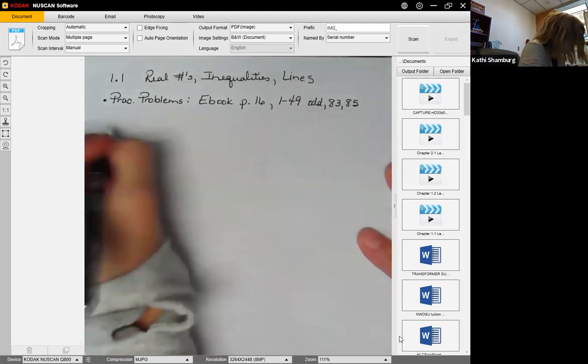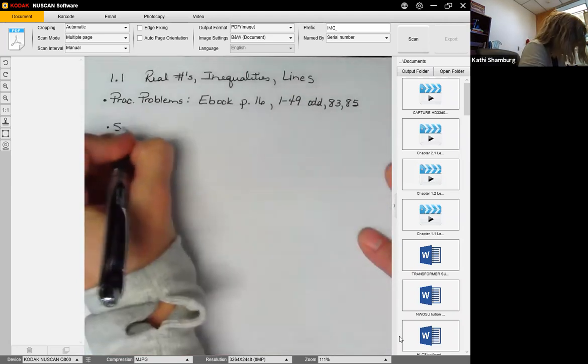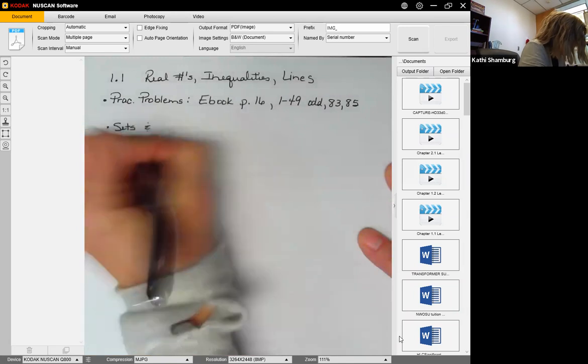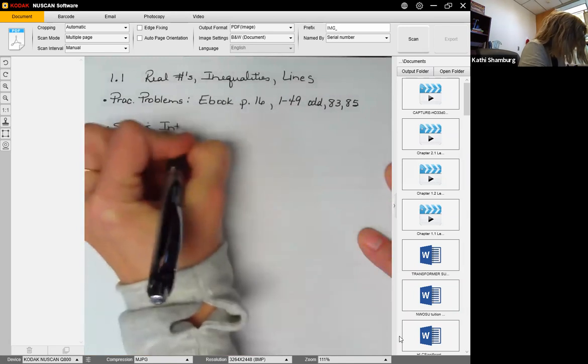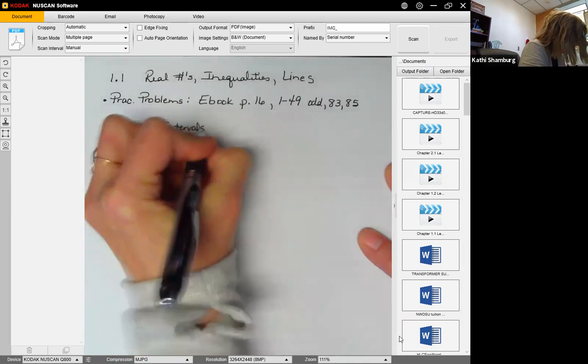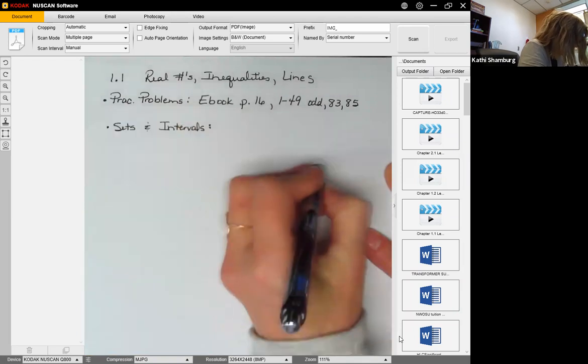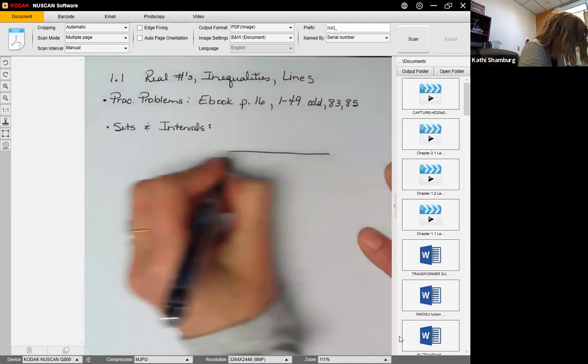All right, so what we're going to start with is sets and intervals. I want to look at a number line.